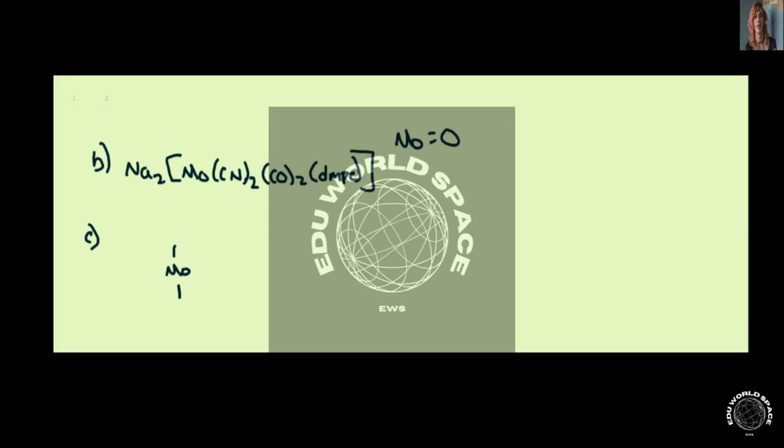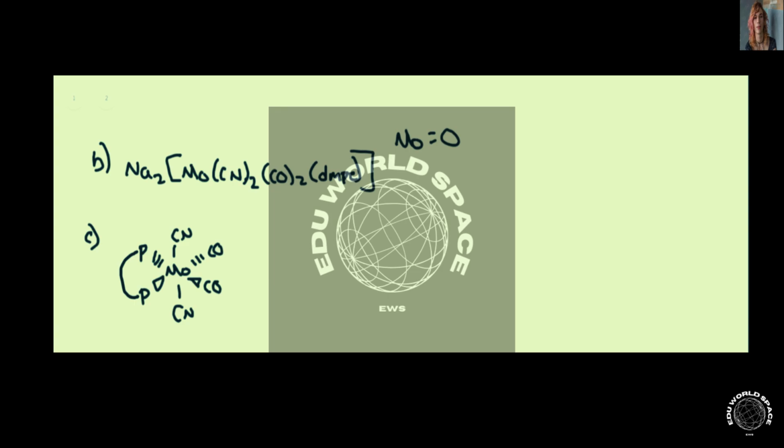We have 1, 2, 3, 4, 5, 6. I'm just going to start off by doing just whatever feels good. So we have this CN, make it across from the CN. So this would be a trans configuration. So we have the CO, COs are next to each other, and then this dmpe I'm going to draw as a P, and a P with a line going between the two.